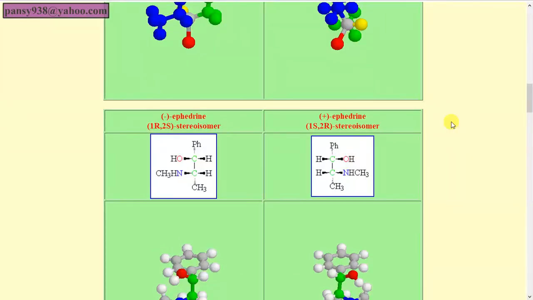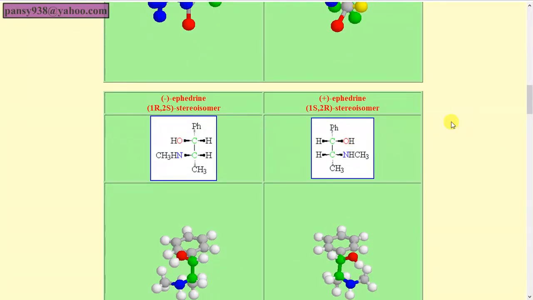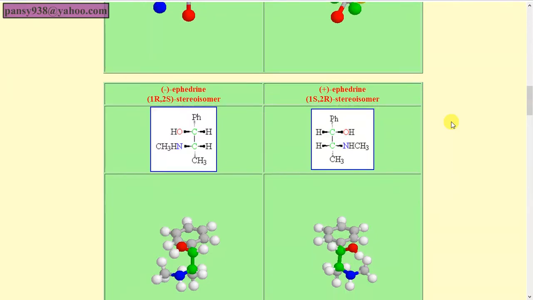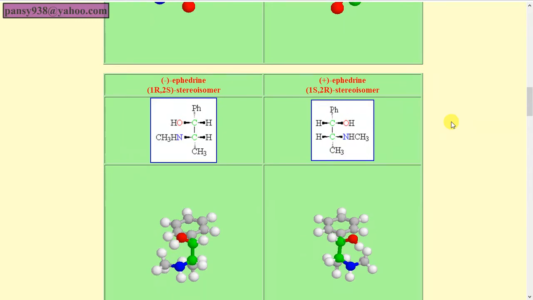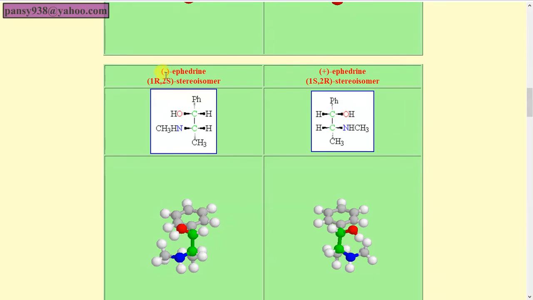Similarly, you may have heard about ephedrine, which has two isomers which are shown on the screen. One of them is minus ephedrine and the second is plus ephedrine. They have different structures.